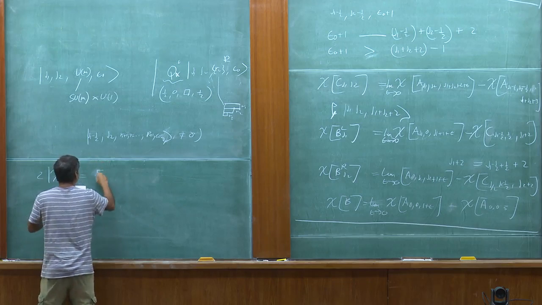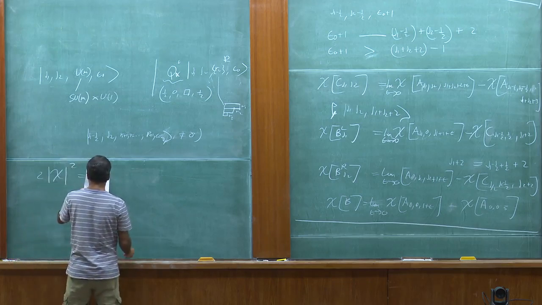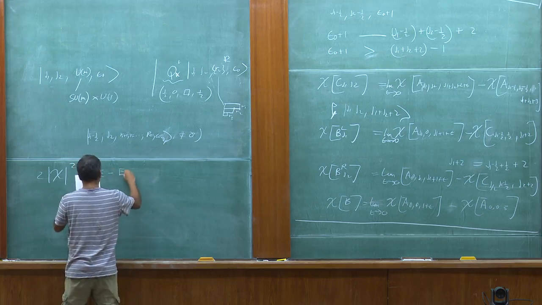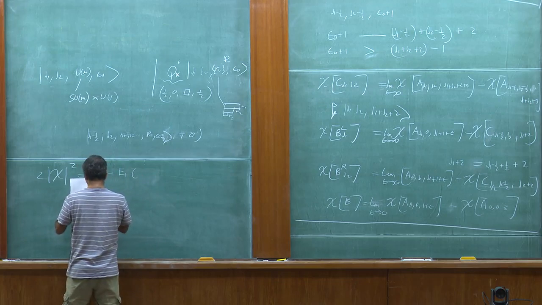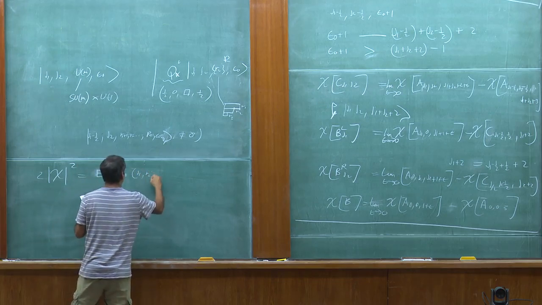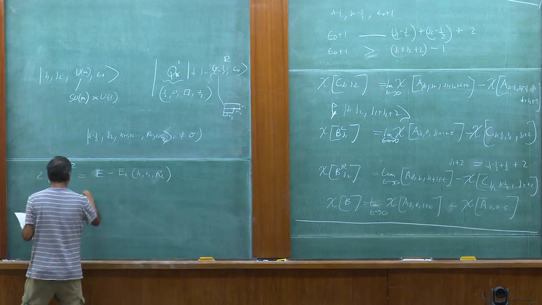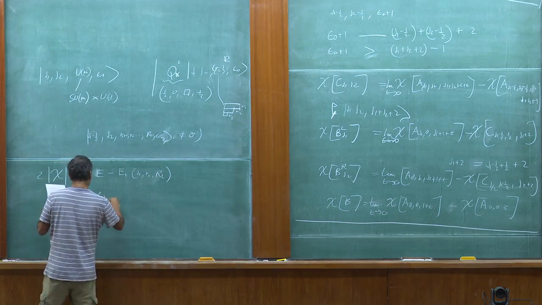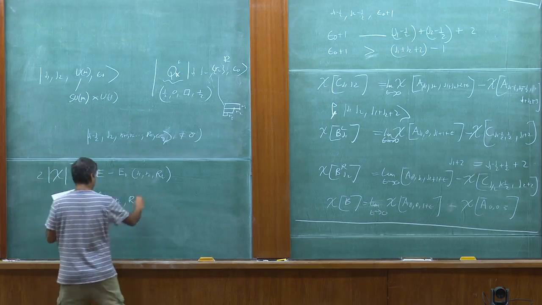In this paper I've used E instead of epsilon naught, so I'll call it E. E minus E1 of J1, Ri, where E1 of J1, Ri is equal to this complicated looking formula.